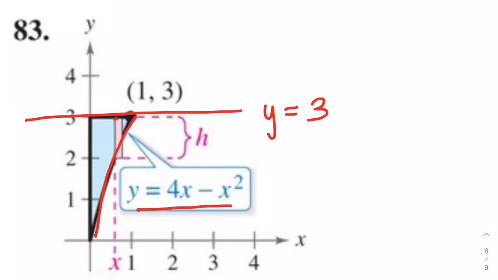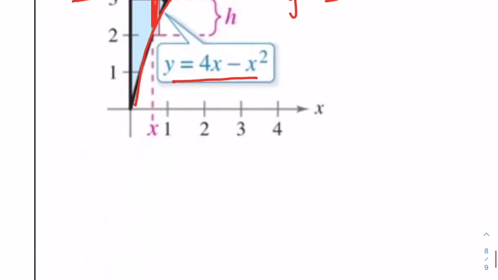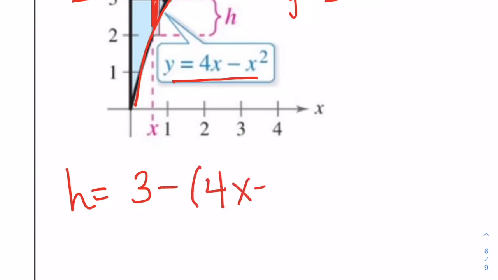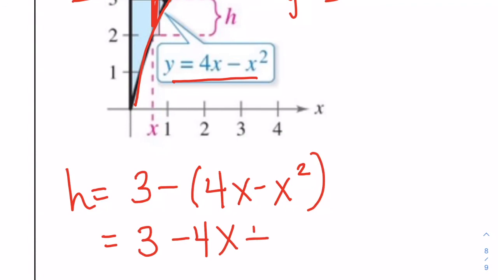So if we're going to find this difference or this height, we'd have to subtract the two terms. So it'll be the top minus the bottom. So h here will be the top, which is 3, minus the bottom. And I could distribute that negative. And then if we're going to write that in standard form, it would be x squared minus 4x plus 3.